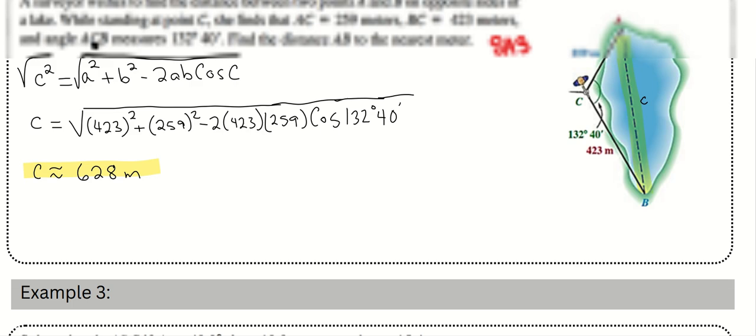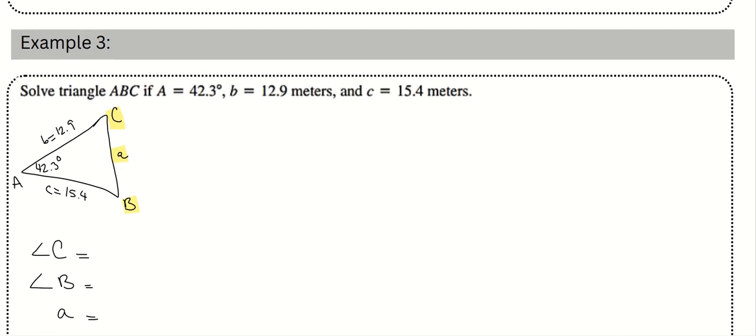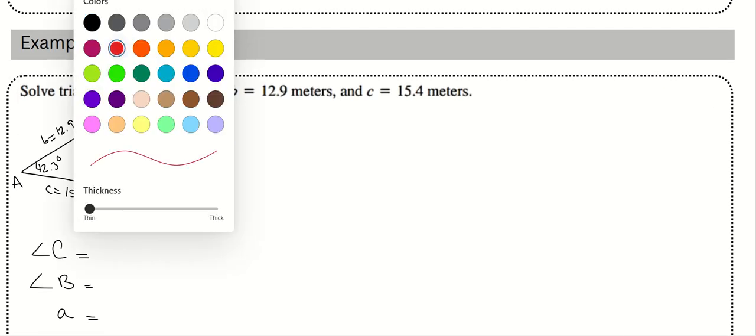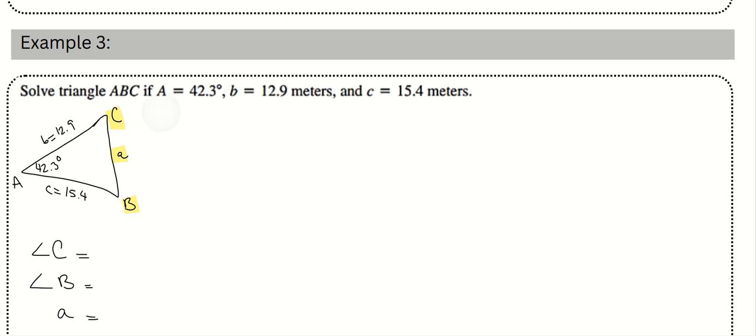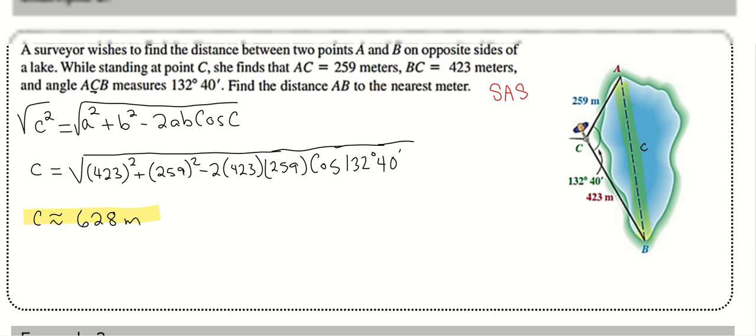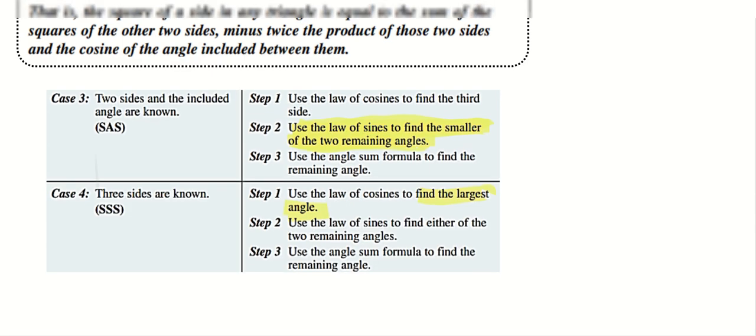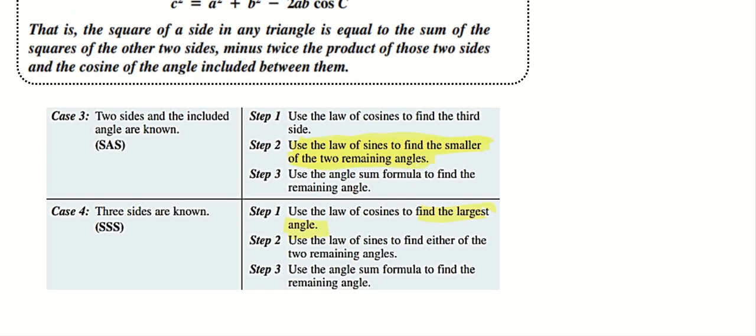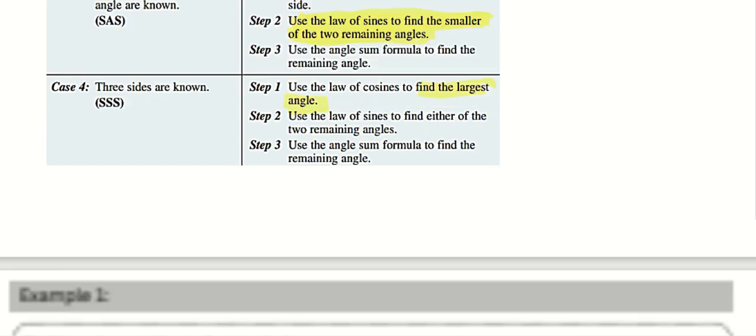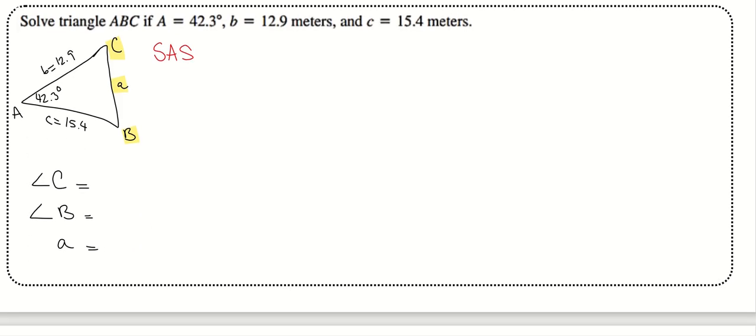Again, if we scroll back up, well, first thing we want to do is this is going to be a side angle side. And if we go back to our little cheat explanation, it says use the law of cosines to find the third side, and then use the law of sines to find the smaller of the two remaining.